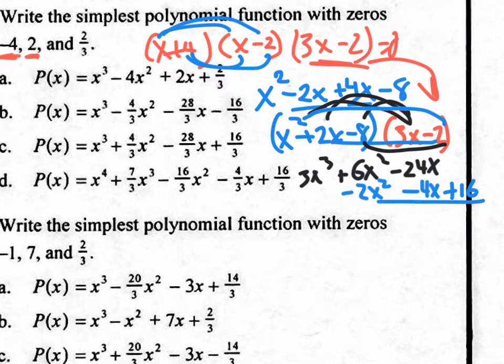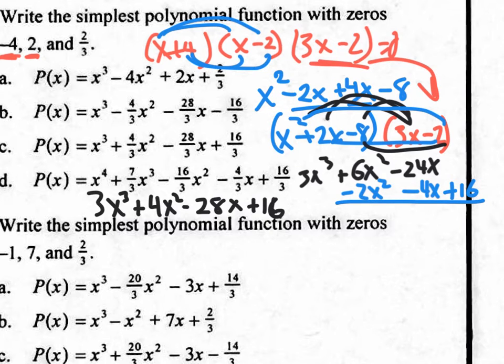So now all we got to do is add these up. So our final answer is going to be 3x to the third plus 4x squared minus 28x plus 16.